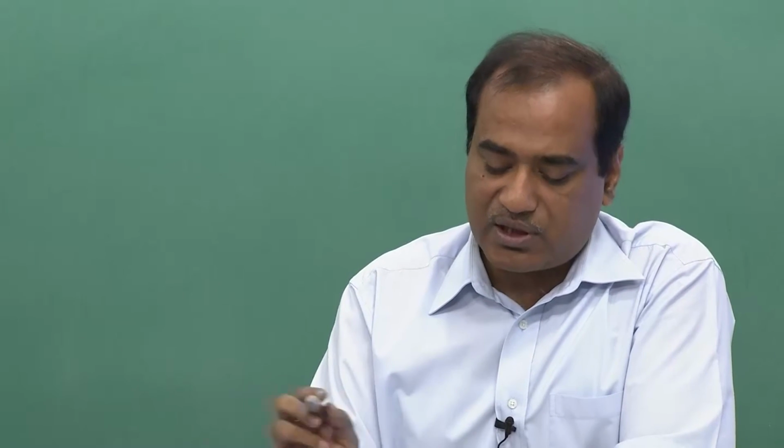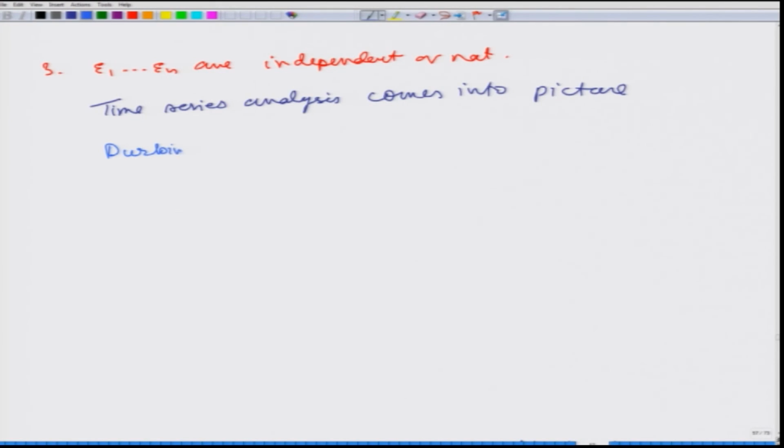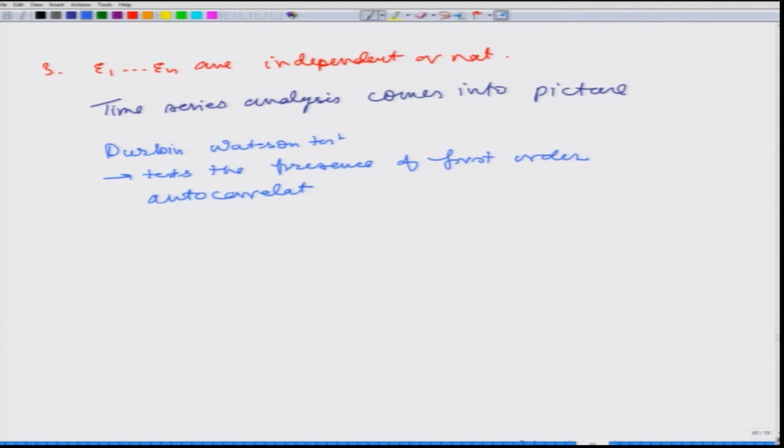Okay. The first thing is that there is a test called the Durbin-Watson test, and this Durbin-Watson test tests the presence of first order autocorrelation in the data.